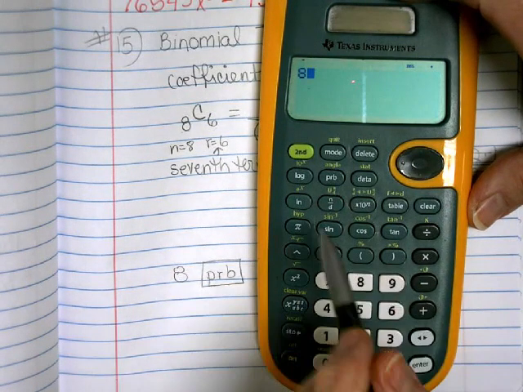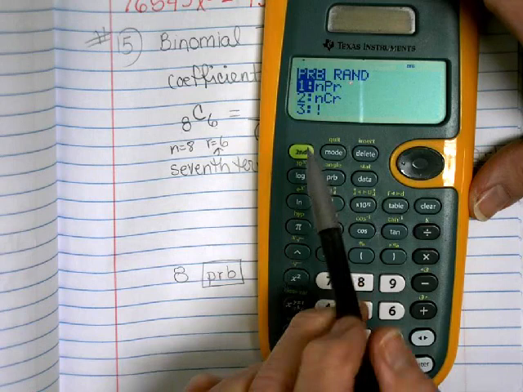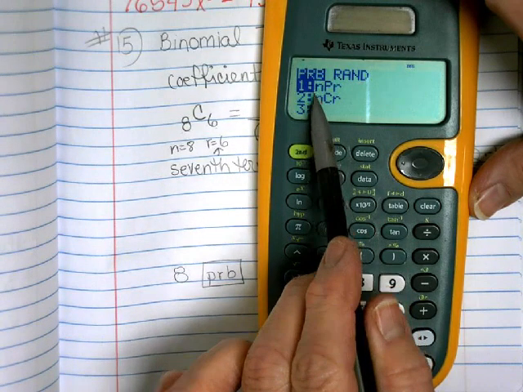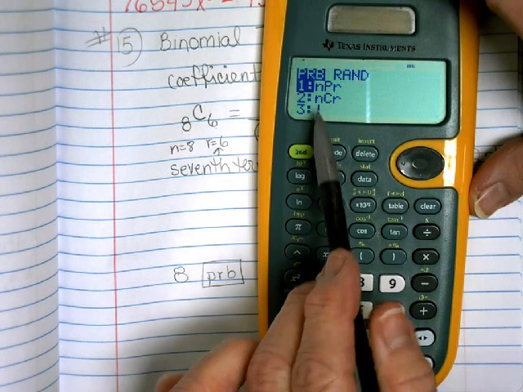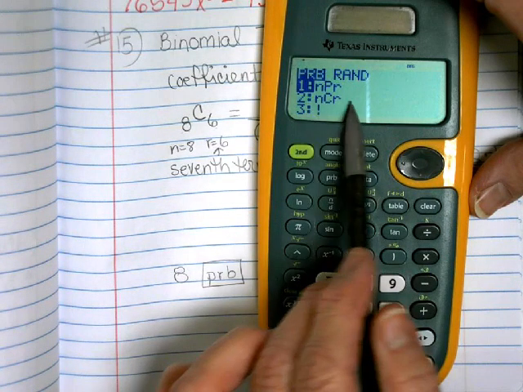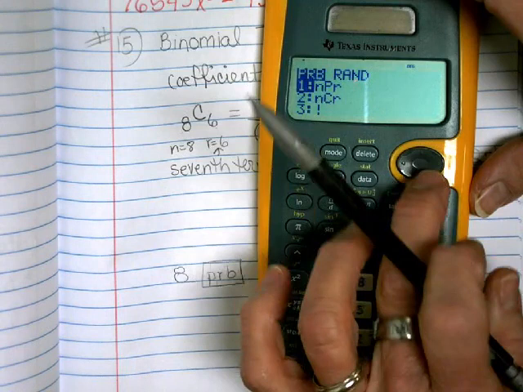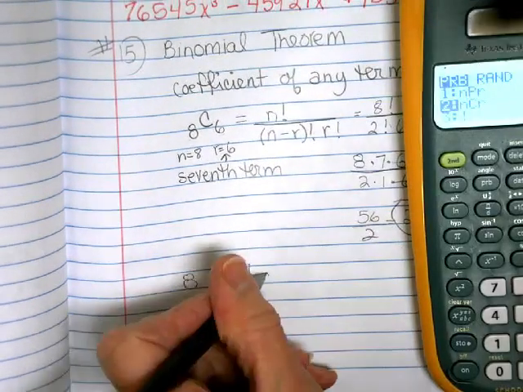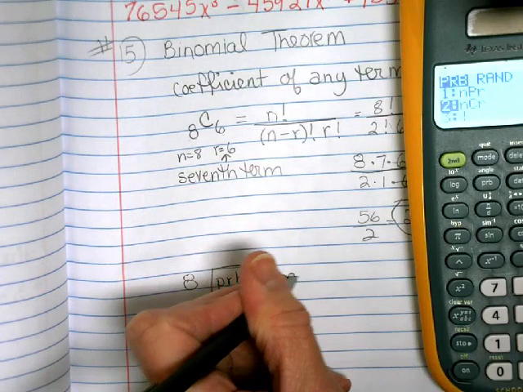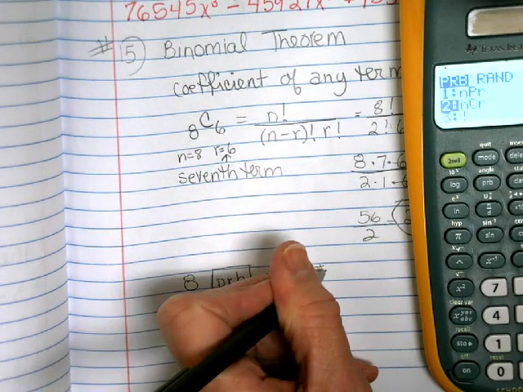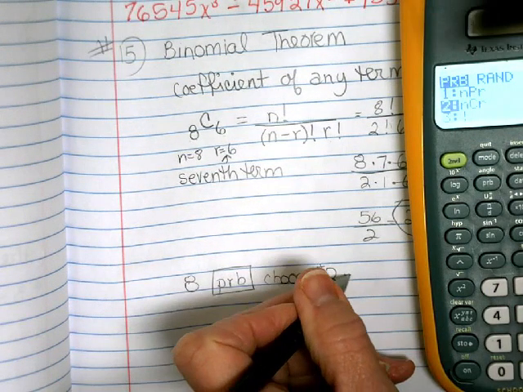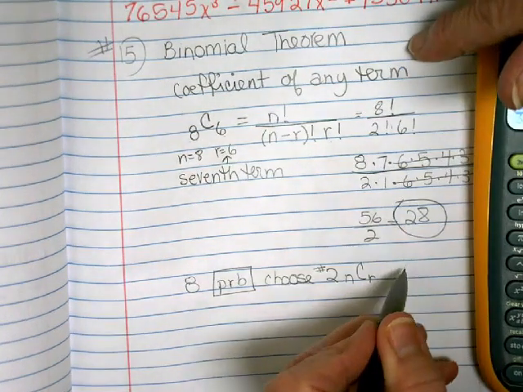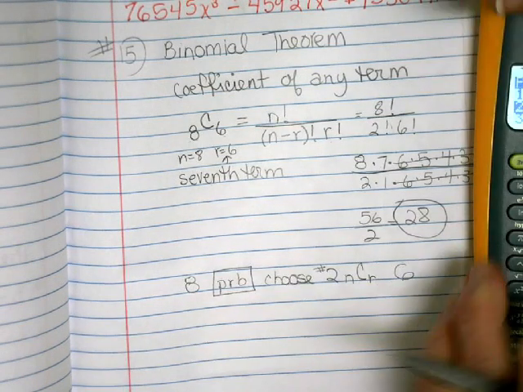It's right there. So I put in my 8, because that's my power. I hit my probability button, and I get 2 choices. I can find a permutation, which means order matters. Oh, there's a factorial button. Yay. Or I could choose a combination. So I go down to choice 2, which says nCr, and then you put in your r, which would be 6.